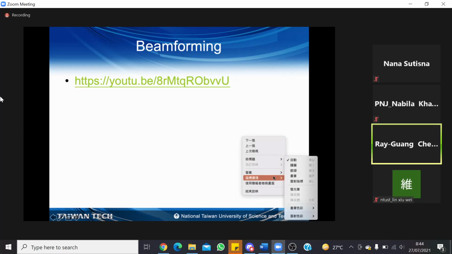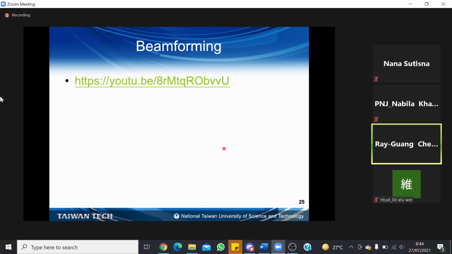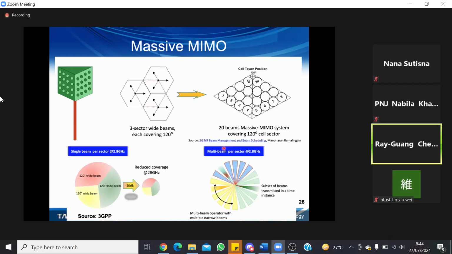Beamforming is quite important in 5G. We just mentioned massive MIMO, where you can have many antennas. Traditionally in a 4G network, you have 3 antennas, and each one serves one direction.